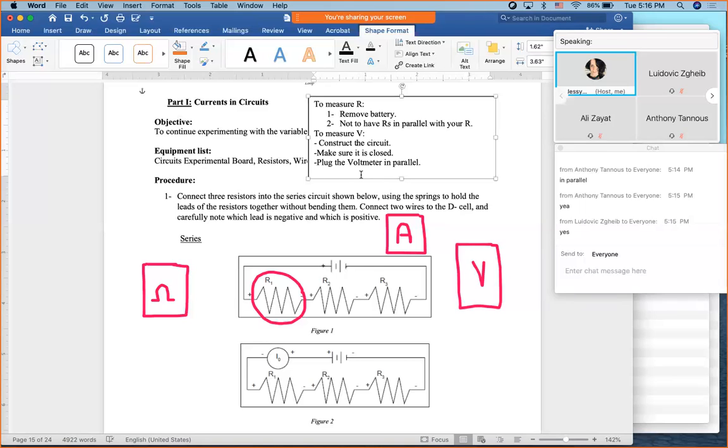Now, how do you measure the current? And this is the big deal. Measure I. Sounds easy, I know, and you're going to throw theories at me, and it's okay. But I know when you come to the lab, it's going to be difficult to do. And by the way, the ammeter has a fuse, and every time you do not put the ammeter in series, you burn the fuse.